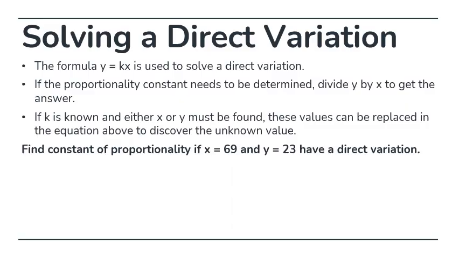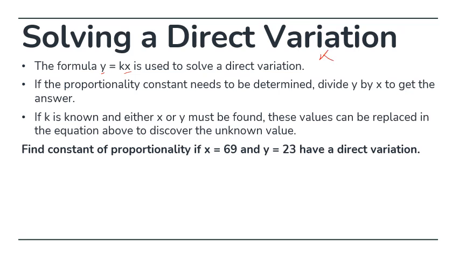Now let's look at how we can solve direct variation. It's the same formula, y is equal to kx. Remember y and x are variables, and k is a proportionality constant. Now you may need to find that proportionality constant.